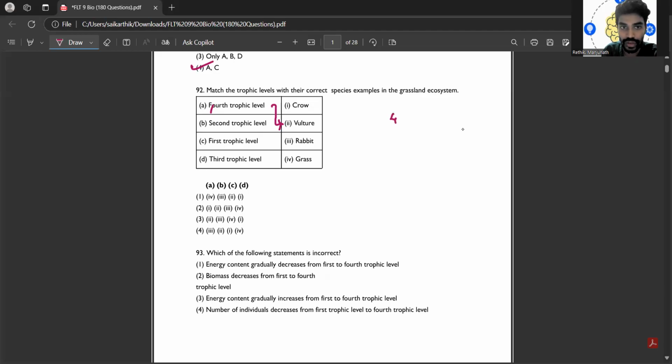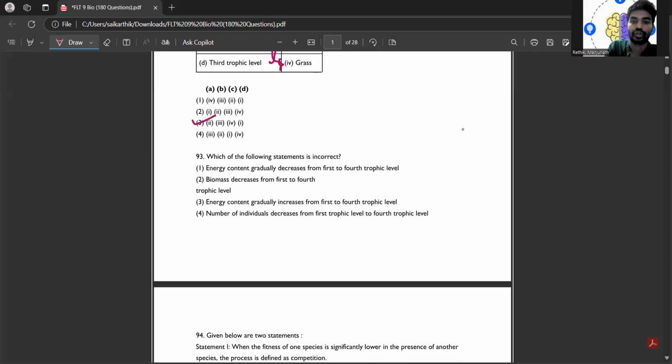If this is the fourth, then the third trophic level will be obviously the vulture. It actually depends on the rabbit. So then what will be the first trophic level? There will be the grass, right? And the second trophic level will be the crow.